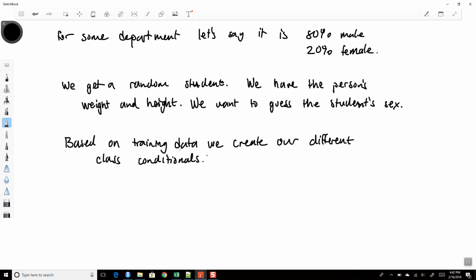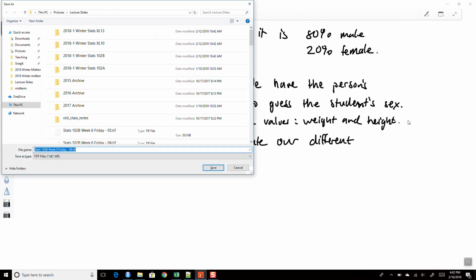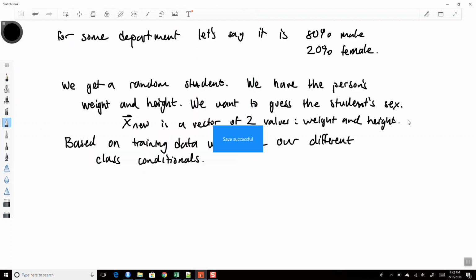Okay, x new is a vector of two values, right? Weight and height. We create our different class conditionals.